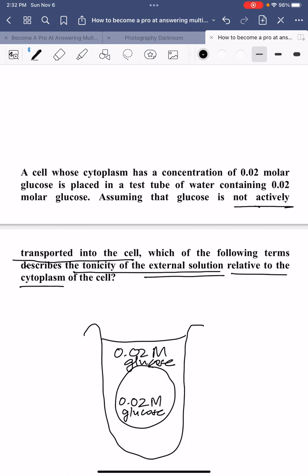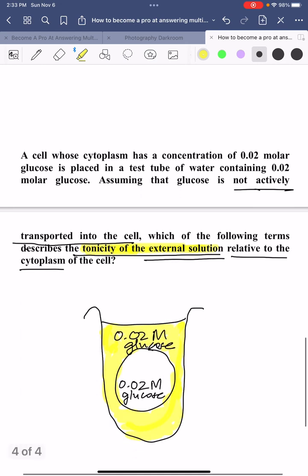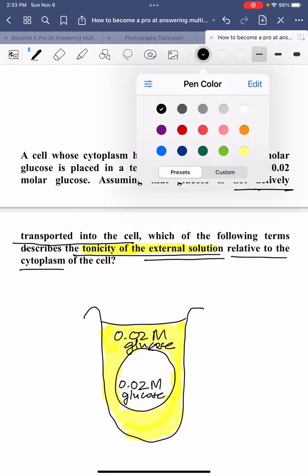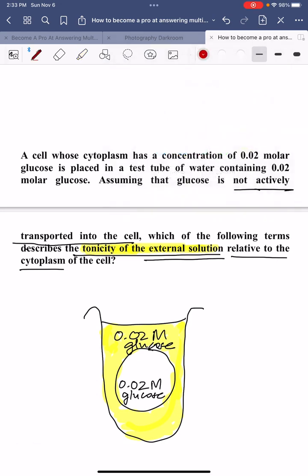Oh, so they're asking us to specify here about the tonicity of the external solution, right? Our external solution is what is here surrounding our cell. So that's what they're asking us about. Sometimes it's helpful if you have a highlighter or two close by to make a little diagram like this as you read the question. Okay, so in class, from what you have learned, I hope that you've learned about these terms.